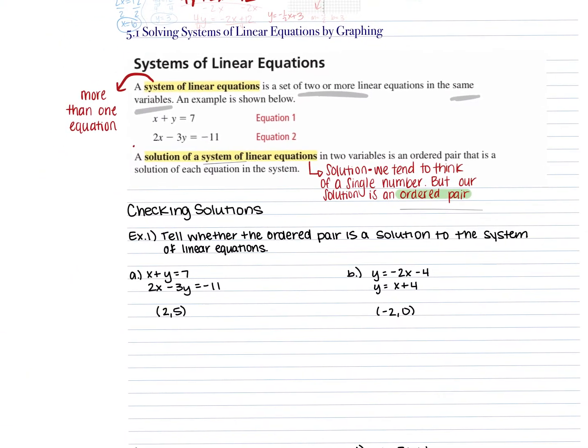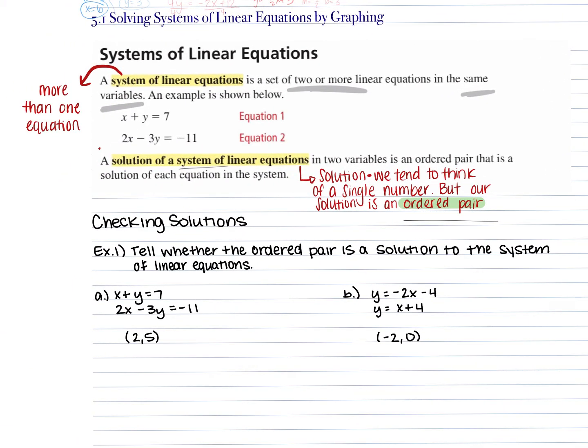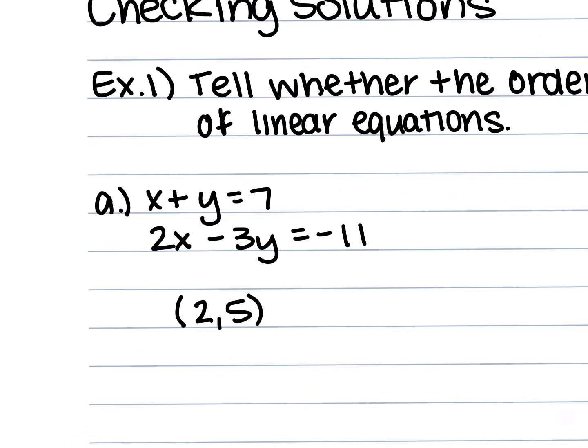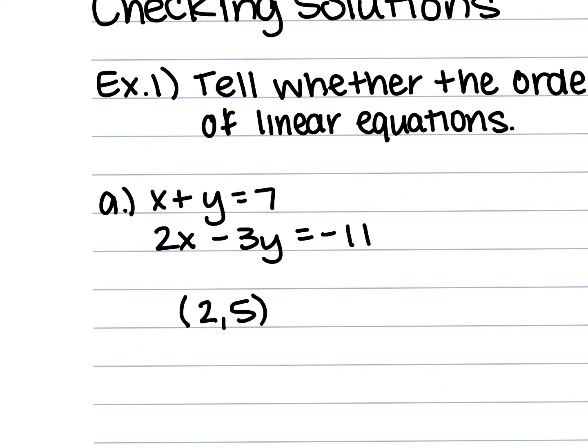All right, so in the first set of examples, we're just checking whether points are solutions to the system of equations, okay? So take a look at the first one. How many equations do I have in the first system? 2. They both involve x and y. Do you guys agree? And what we're testing is, is 2 comma 5 the point where both of the equations meet?